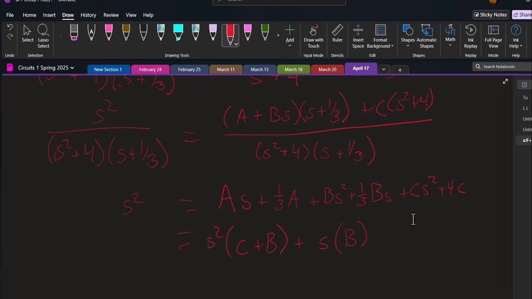For s, I have b and an a, so a 1/3 b and an a. And for my constants, I have a 1/3 a and a 4c.